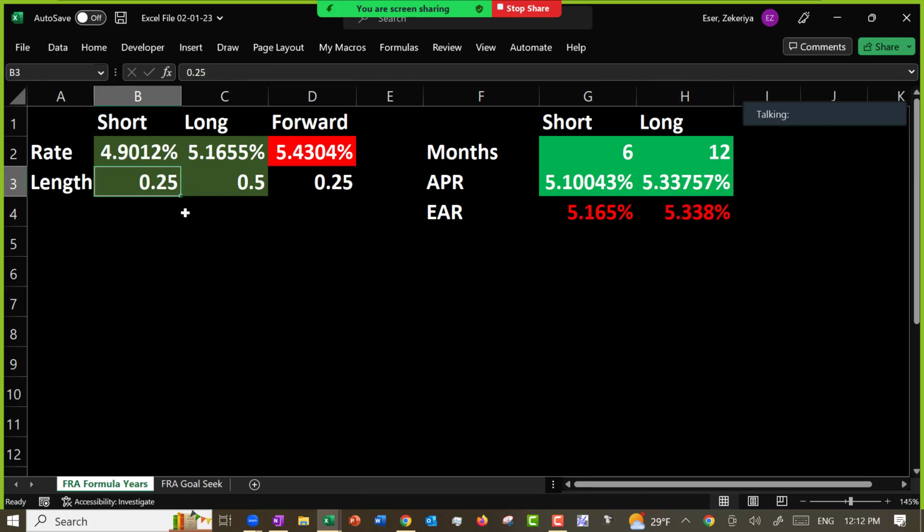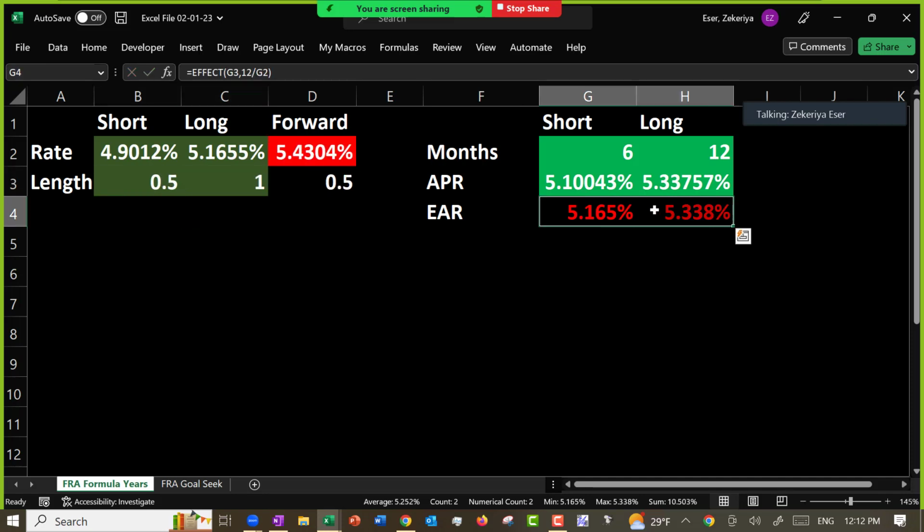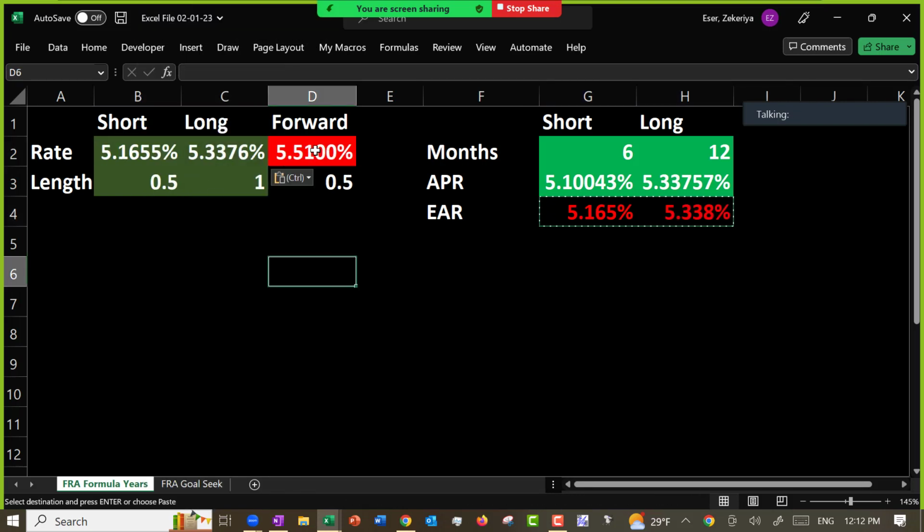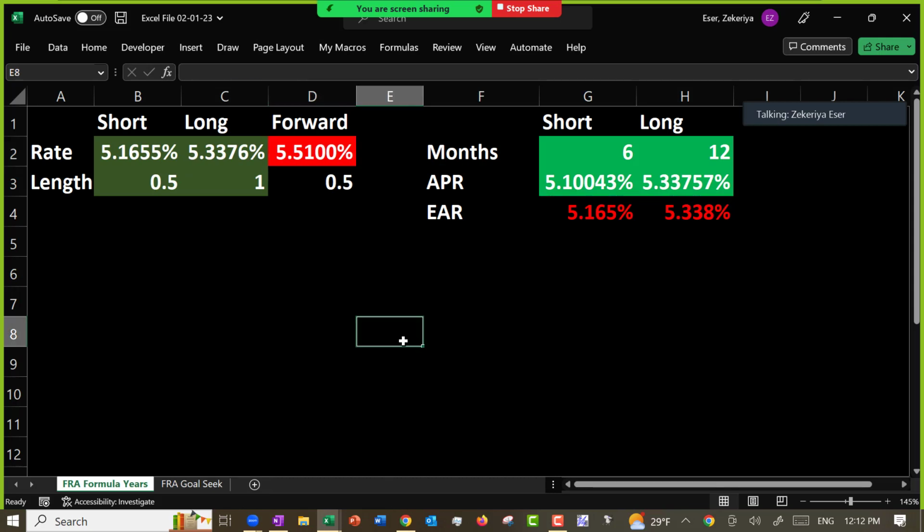And that's going to be 0.51. Copy. It's going to be 5.51. I basically have a machinery to calculate the forward rates, all right? Either using monthly stuff or the annual stuff.